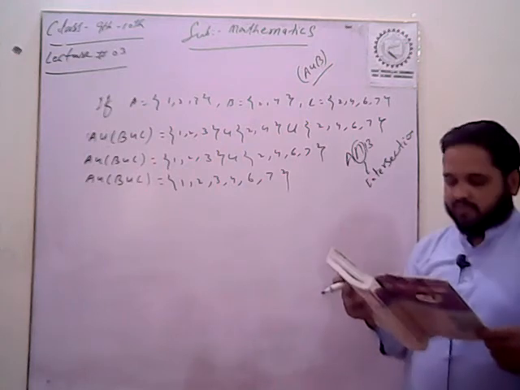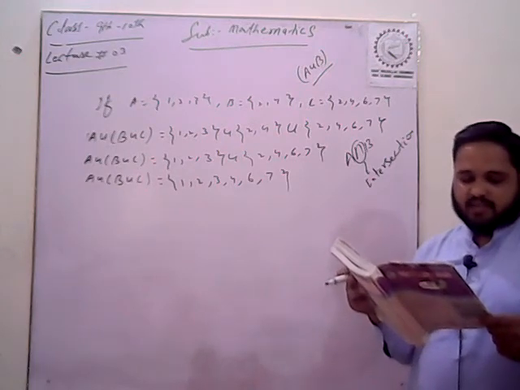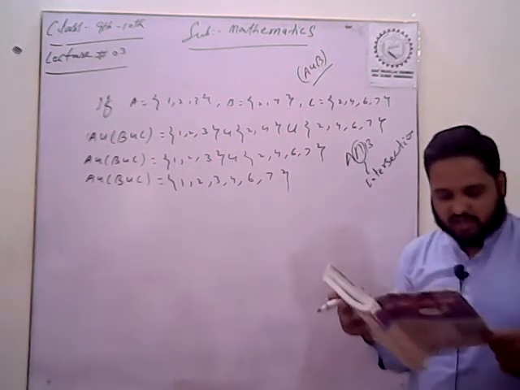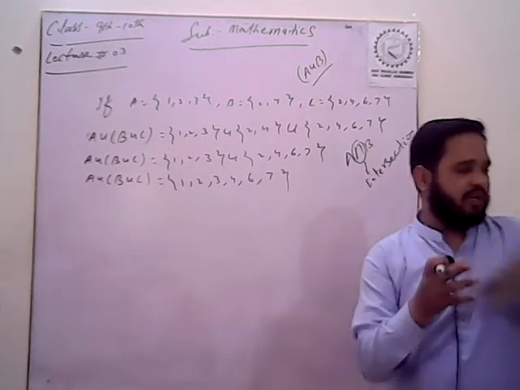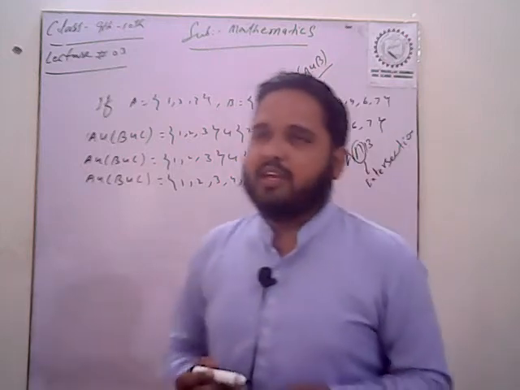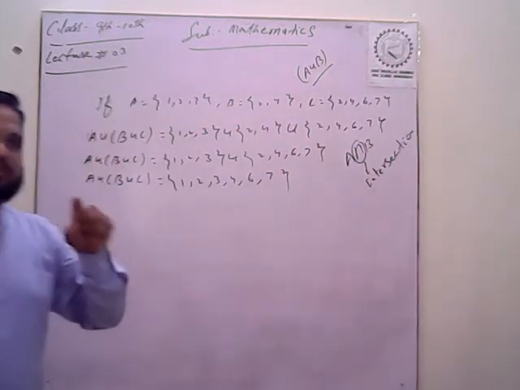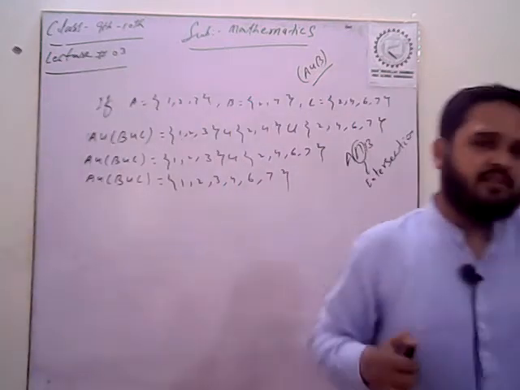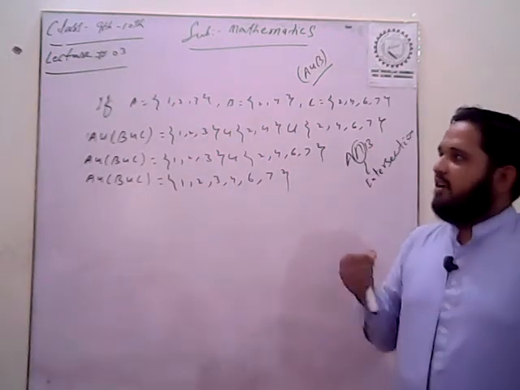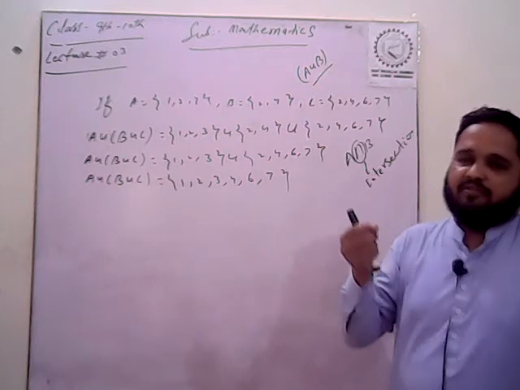A intersection B is the set that contains those elements which are contained in both A and B, which means the common elements of A and B. That is called the intersection of two sets.